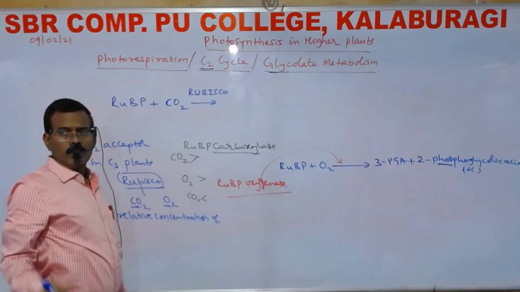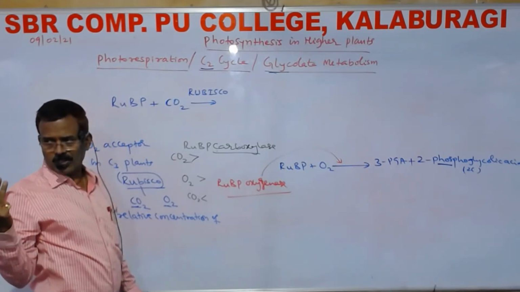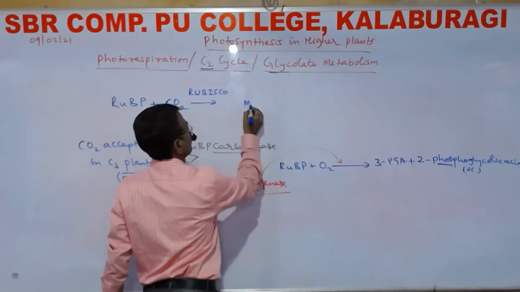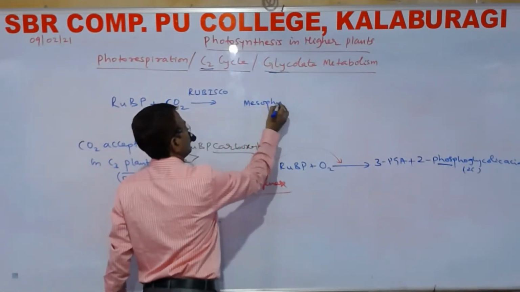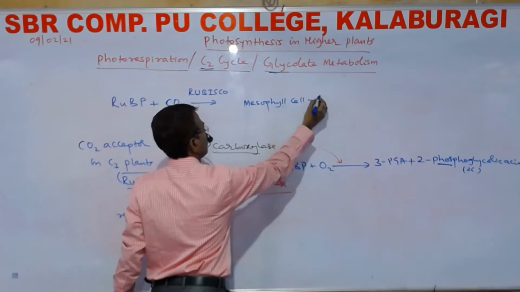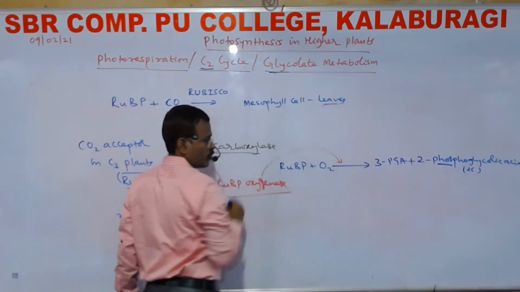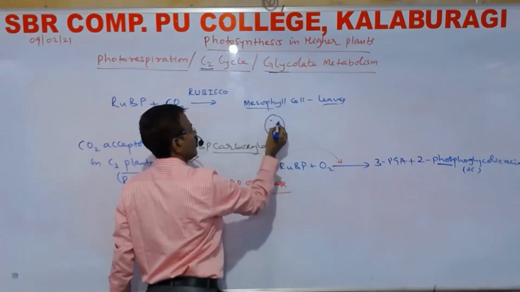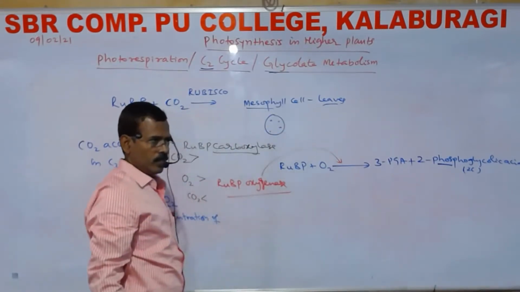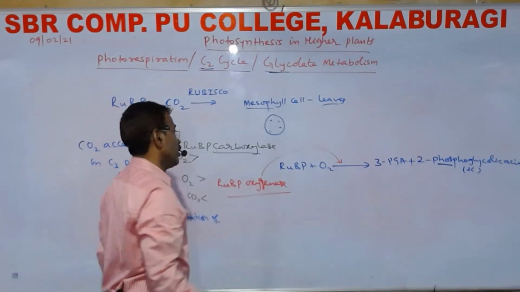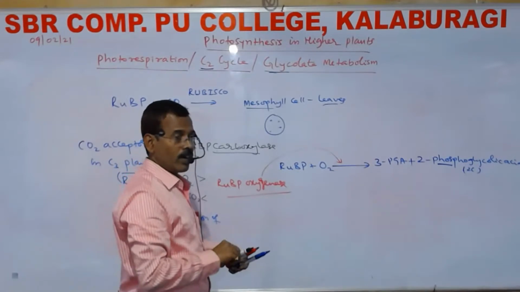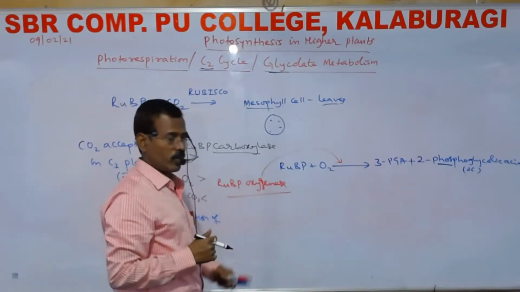Here, there are 3 cell organelles involved in photorespiration. You know about the mesophyll cells present in leaves. These mesophyll cells contain chloroplast. In addition to the chloroplast, which are the other cell organelles involved in photorespiration?